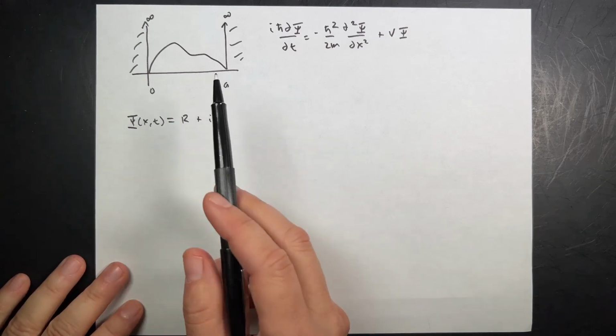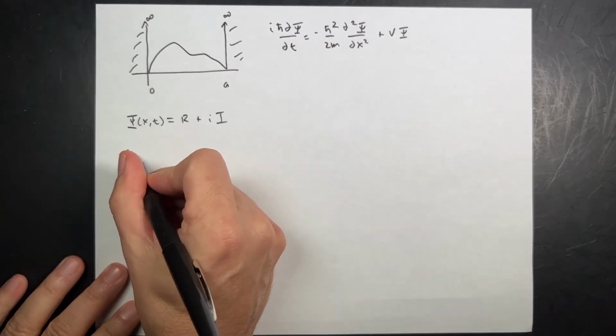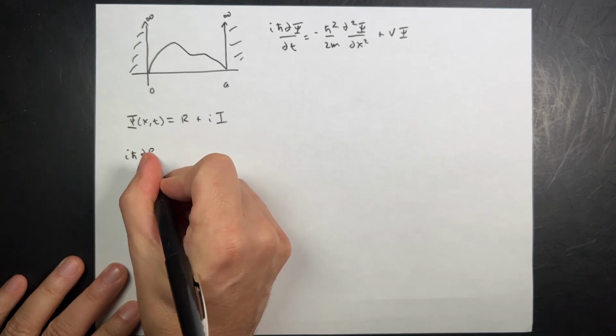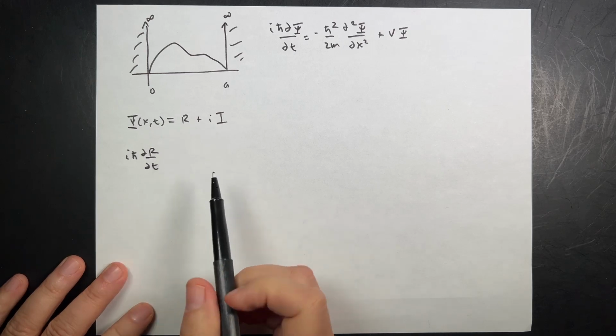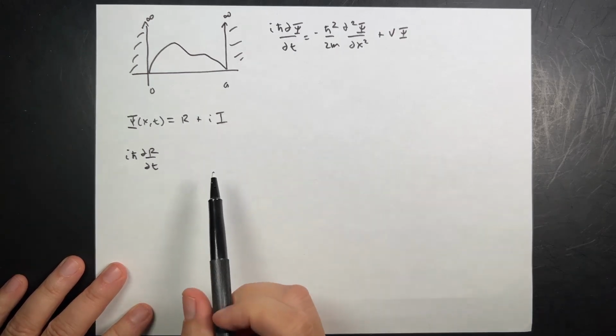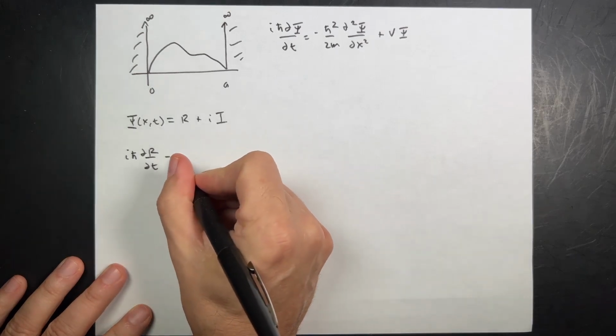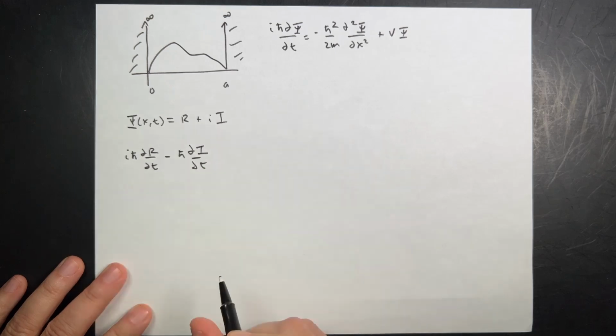So let's just plug that in. Let's do the r first. I'm going to get i h bar partial of r with respect to t, right? I'm just taking the derivative of a sum, it's pretty easy. Now for this other term, I have the i times the i, so it's going to be -1, negative h bar partial of i with respect to t.